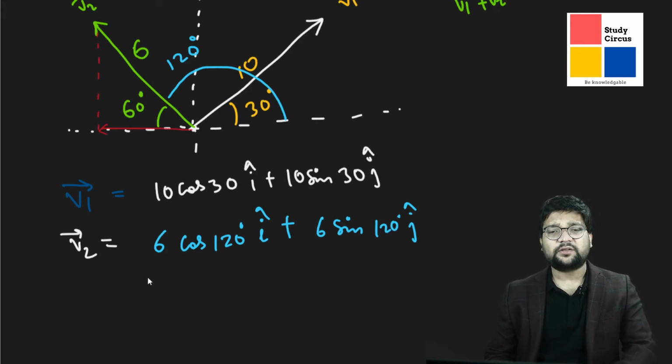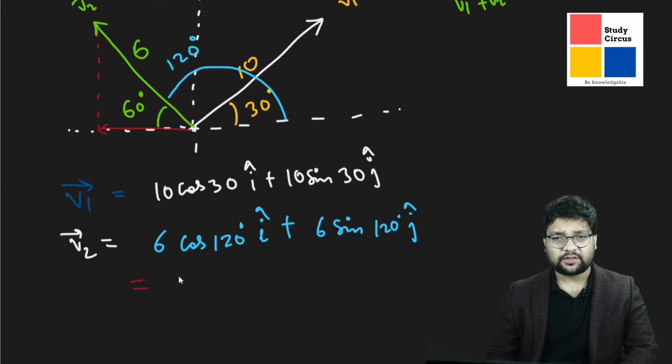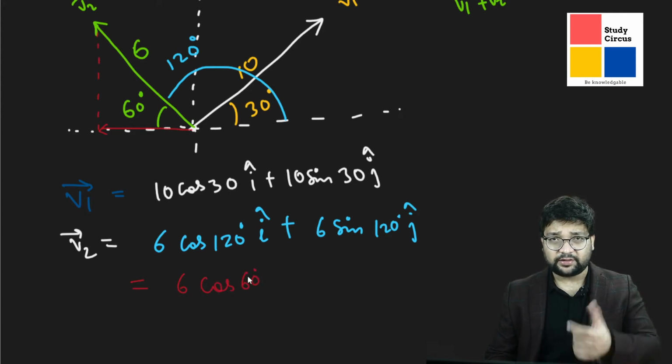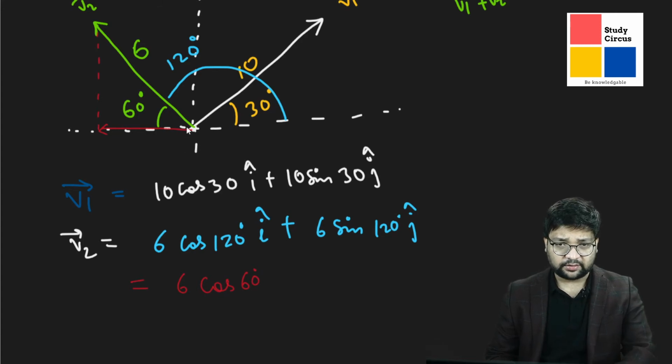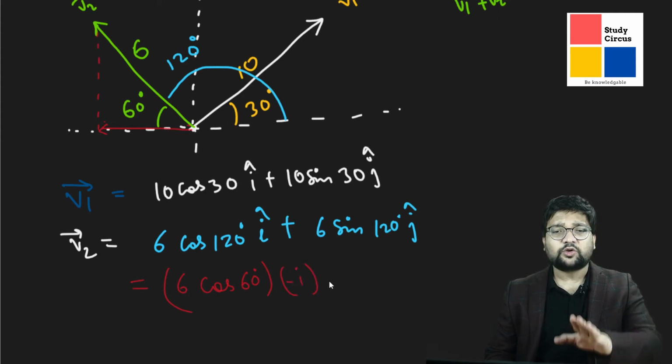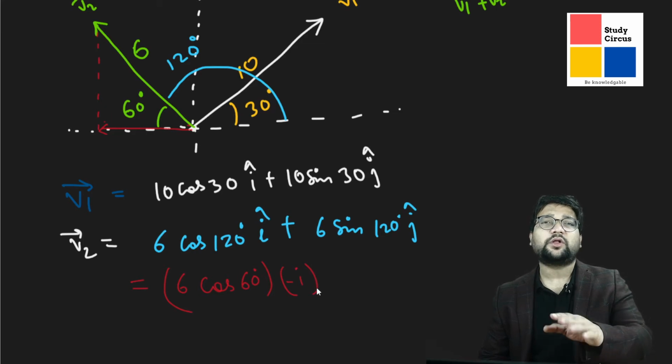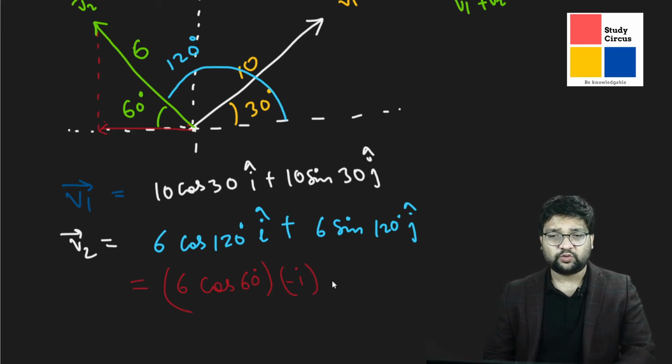This is the same as 6 cos 60 degrees. This is the length of the projection on the x-axis, but it is along the minus i direction, so I'll write minus i here. Cos 120 will also give you minus 1 by 2, so it's the same thing, plus 6 sin 60 j cap.